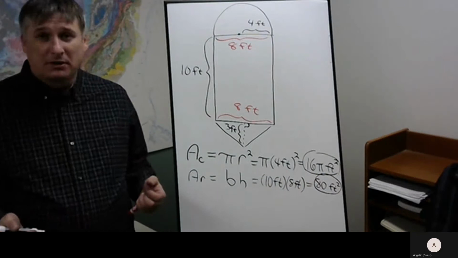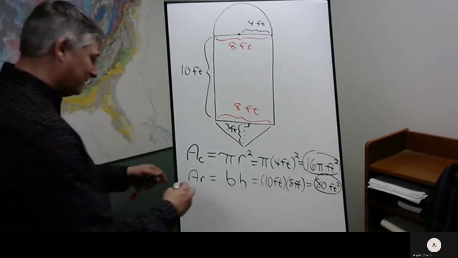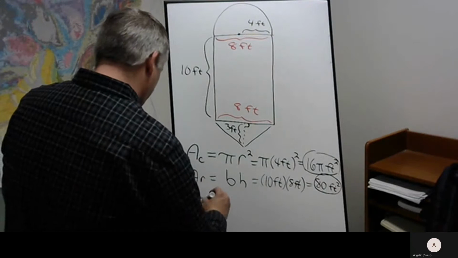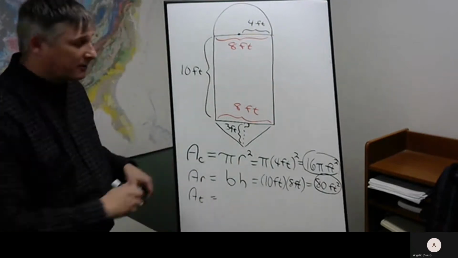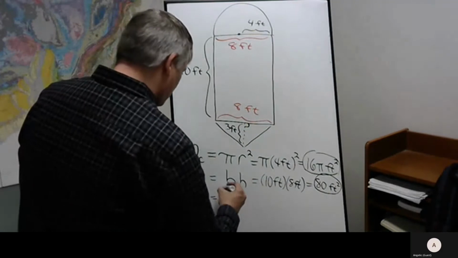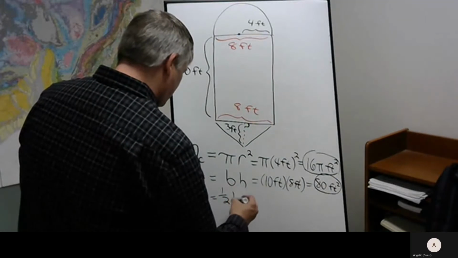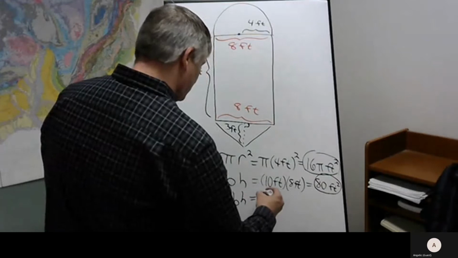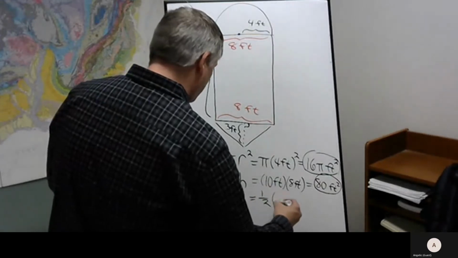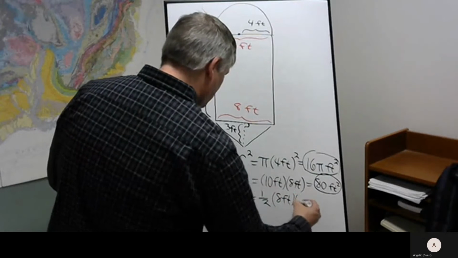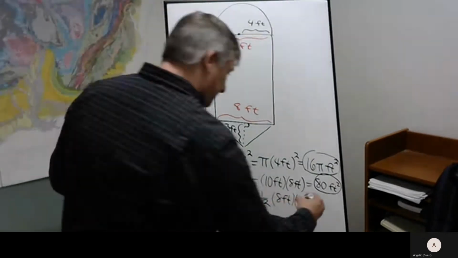Finally, we have this triangle. So R for rectangle, T for triangle. So the area of the triangle is 1/2 base times height, or 1/2 times 8 feet times 3 feet.